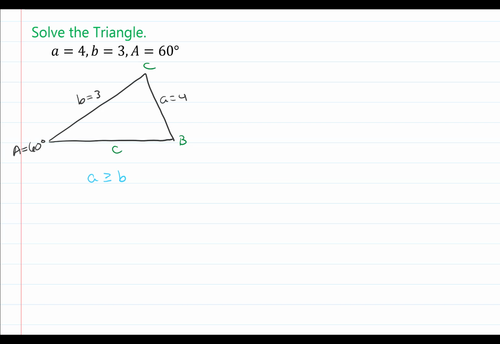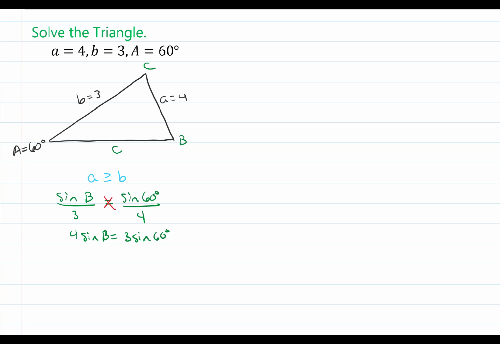We're going to start with angle B, and so using the law of sines, we see that sine of angle B over side B, which is 3, is equal to sine of angle A, which is 60 degrees, over side A, which is 4. We can then cross multiply to start the solving process for angle B, and what we get is 4 times the sine of angle B is equal to 3 times the sine of 60 degrees.